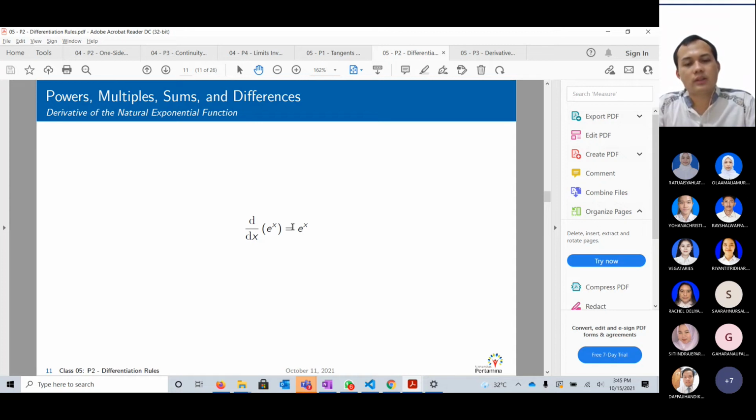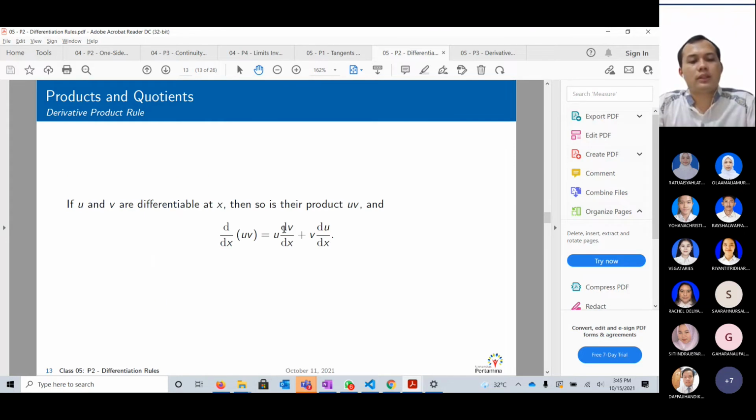Saya nggak tahu ya, dulu saya waktu SMA kayaknya belajar. Turunan dari E pangkat X adalah E pangkat X. Ini sangat spesial, kalian perlu ingat-ingat. Dan turunan dari E pangkat X ini mungkin kalian akan sering temui di teknik kimia.